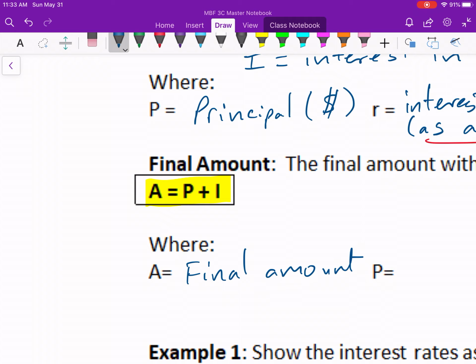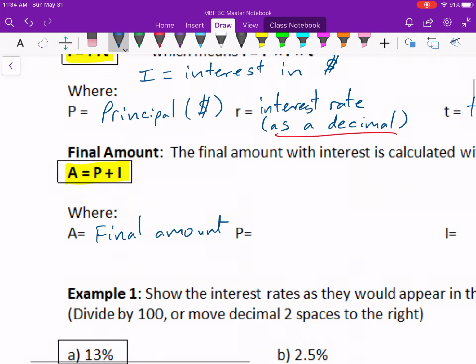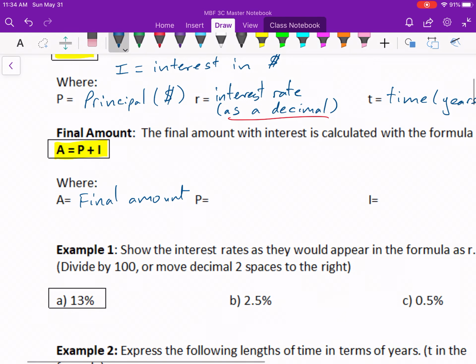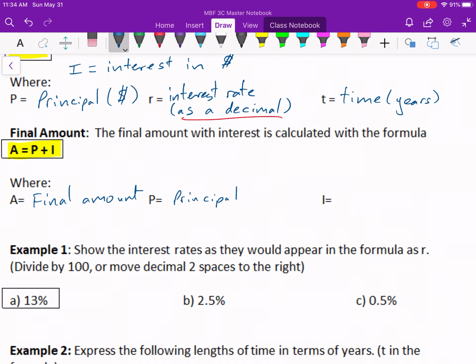And let's say we put it in the bank and saved it for 5 years and it got, I don't know, $20 interest. Then the 100 we brought there plus the $20 interest is $120. That's our final amount. That's what A is. So that's a really simple formula. So again, P is principal and I is interest. These are both in dollars.